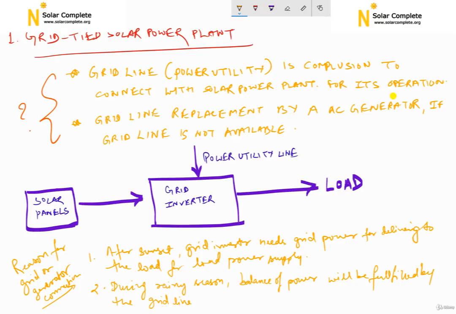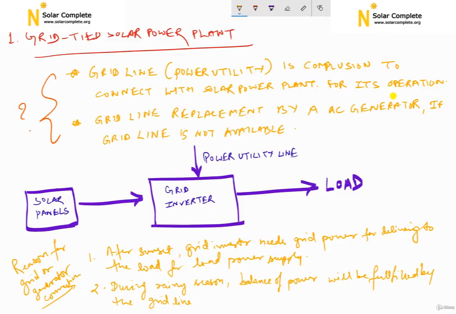Whatever voltage, frequency, and phase the inverter is sensing from the power line, the same should be produced by the generator, so that synchronization can happen.